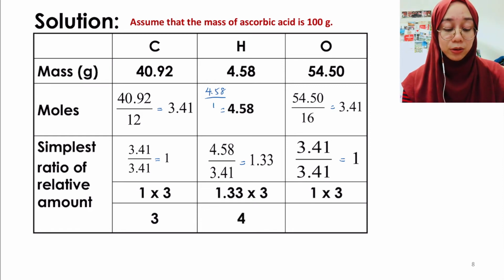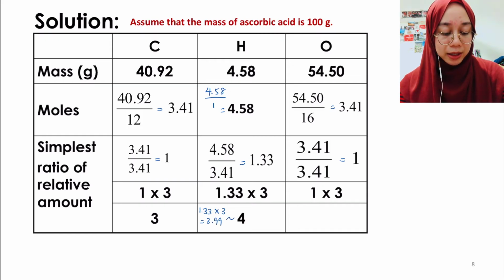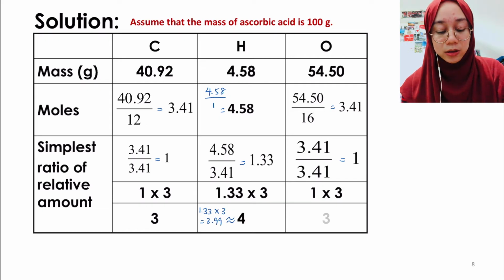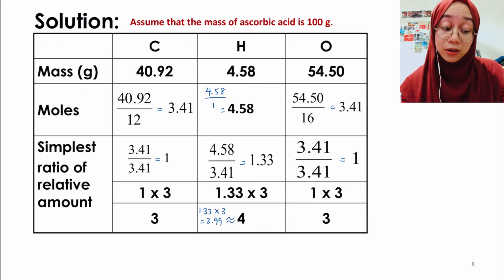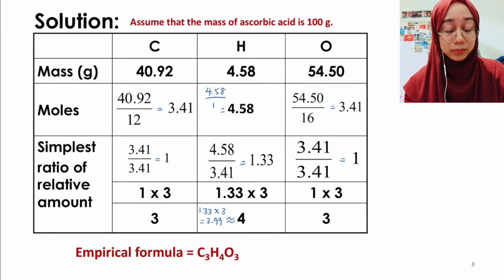Hydrogen pula you get 4. Okay, basically 1.33 darab 3 sebenarnya adalah 3.99 kan. Tapi kita boleh round off terus, dia bersama dengan 4 lah sebenarnya. Okay, and oxygen pun 3 juga. Therefore, the empirical formula for ascorbic acid is C3H4O3.